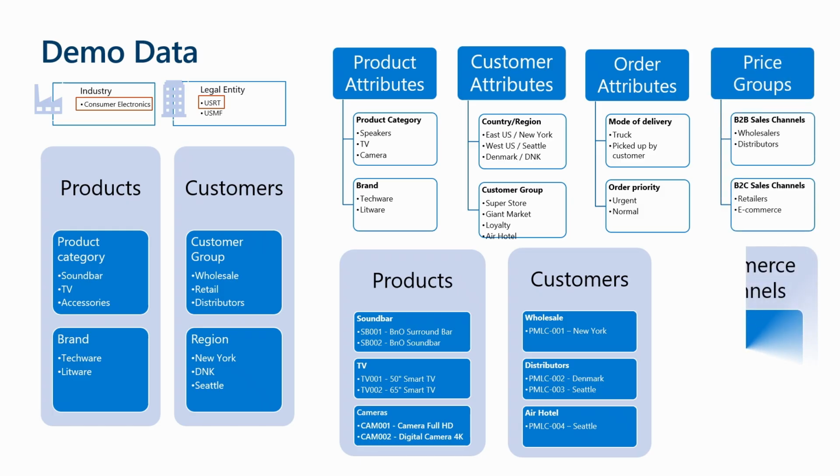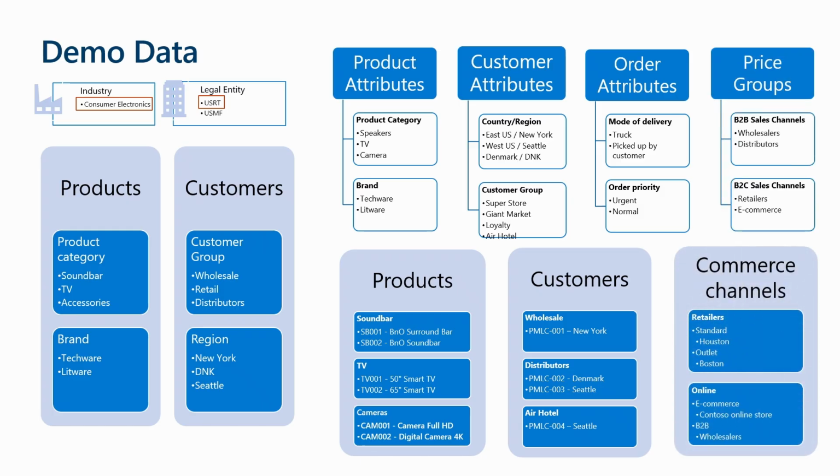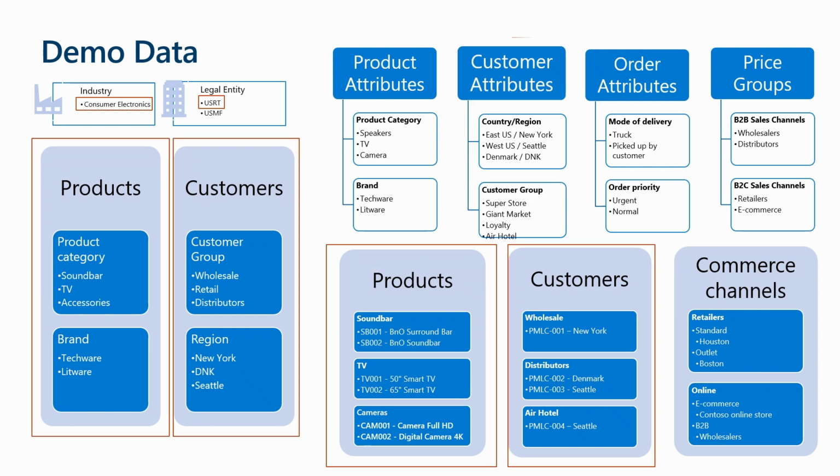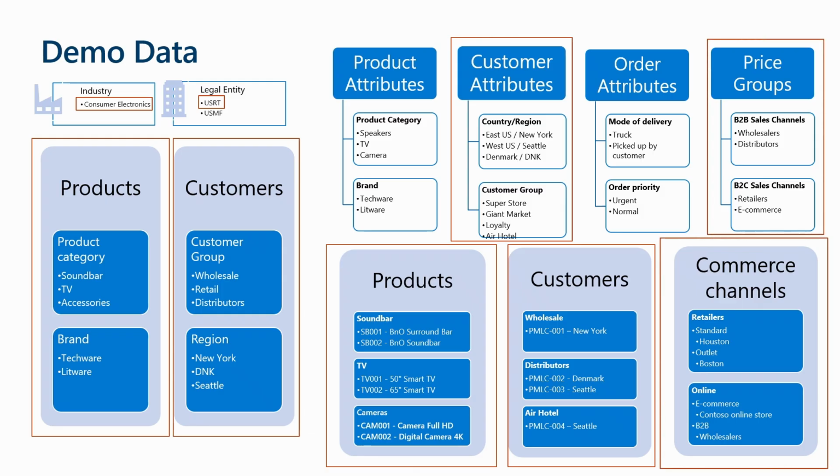Commerce channels will be used in specific price group related scenarios with their specific attributes to define trade agreements and discounts. In our scenario, we'll use product with category TV and brand, customer with region and group, channel, and price groups. Having said that, let's continue to the first use case.